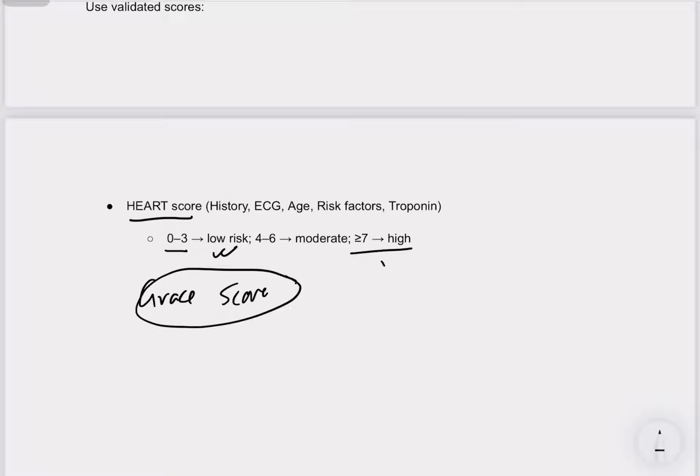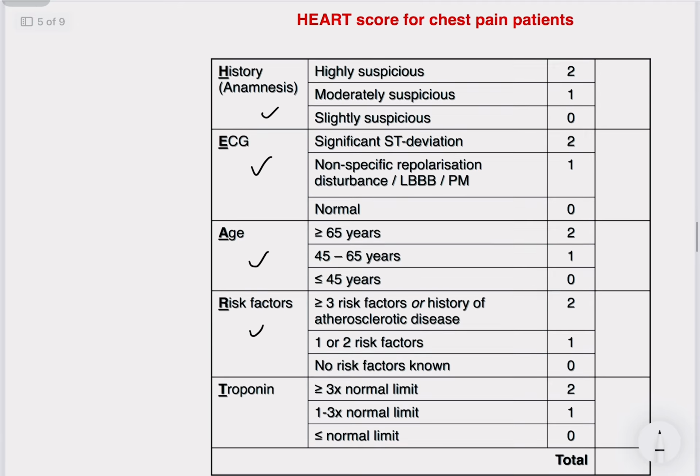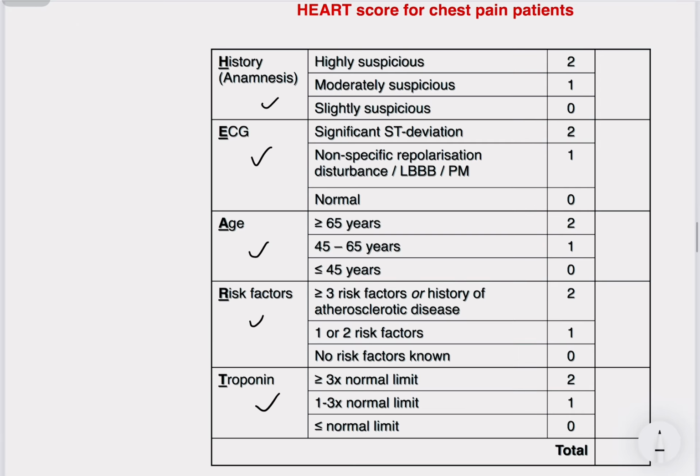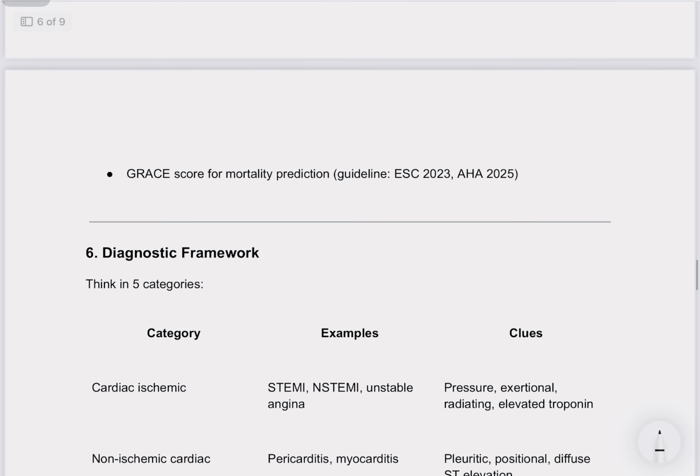If it's more than 7, it's high risk. The HEART score comprises history, ECG findings, age, risk factors, troponin. According to different categories, different numbers are assigned, and we have to calculate the HEART score or GRACE score. GRACE score is generally for mortality prediction.